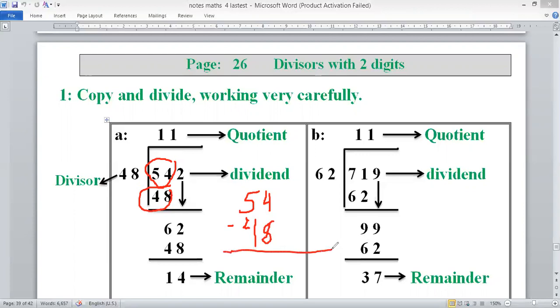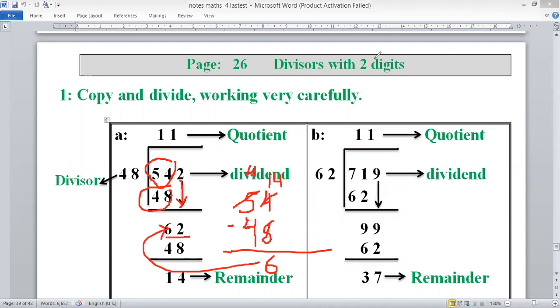Here we take 10 carry from 5, we get 4 here. When we add 10 carry with 4, we get 14. 14 minus 8 is 6. 4 minus 4 is 0. So we write this 6 here, and after that we shift this digit down, we get 62.